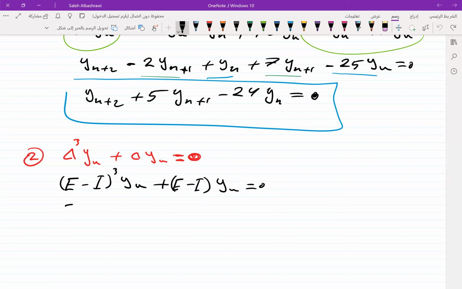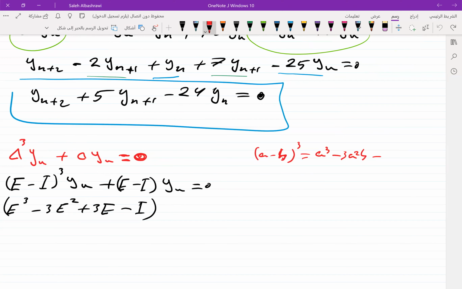This is equal to E to power 3 minus 3E to power 2 plus 3E minus I, expanding using the identity (a minus b) to power 3 is equal to a to power 3 minus 3a square b plus 3a b square minus b to power 3.